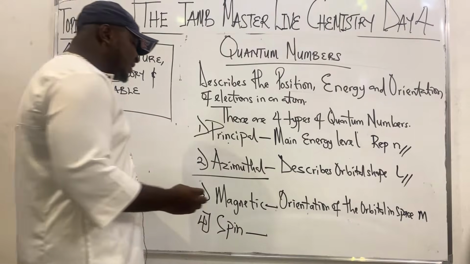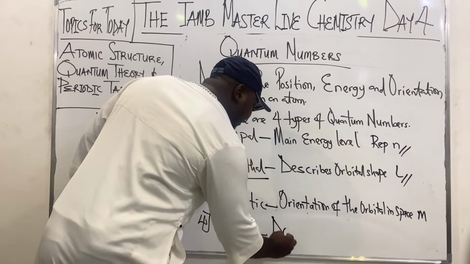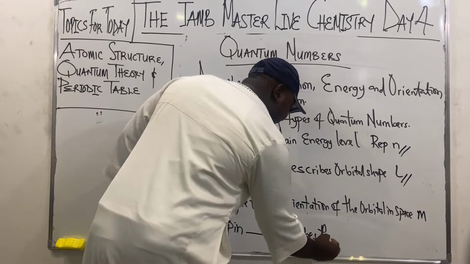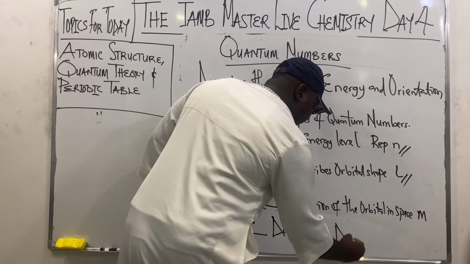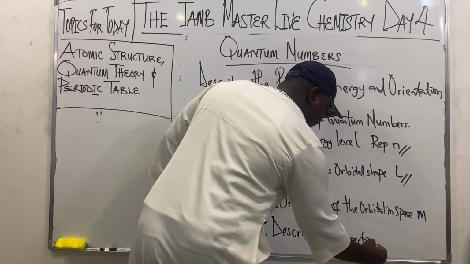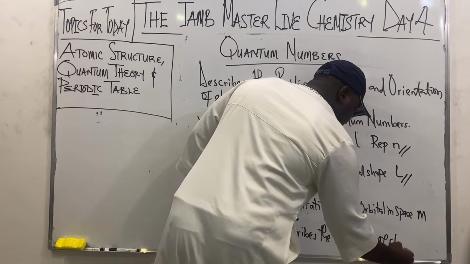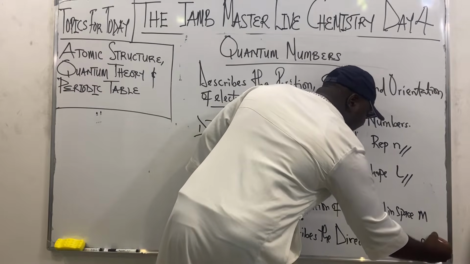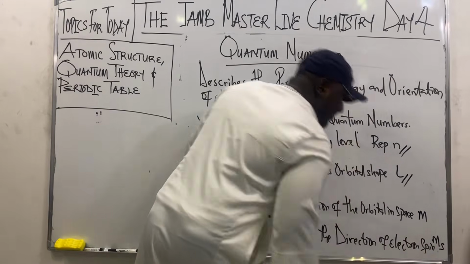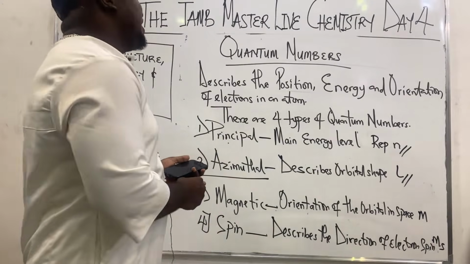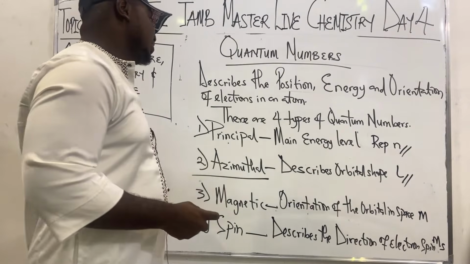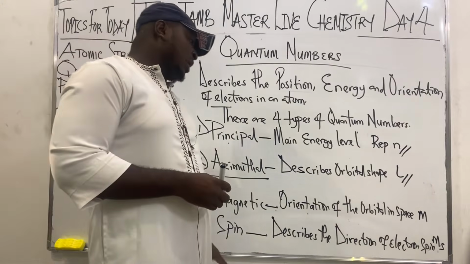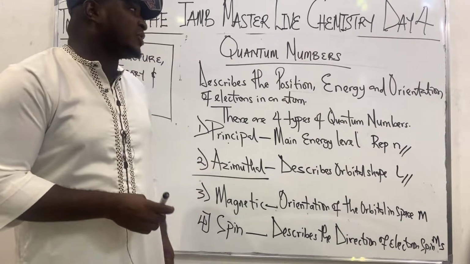The spin quantum number describes the direction of the electron spin. And the symbol is MS. Class, very soon you'll find that electrons can only spin in two directions, either clockwise or anti-clockwise.